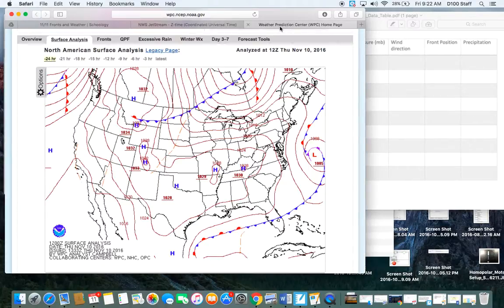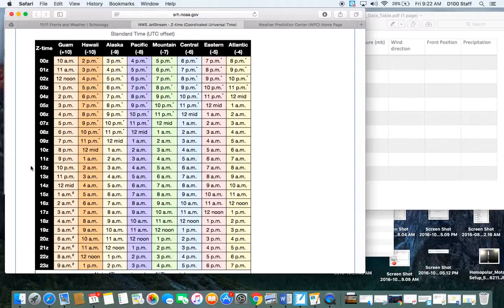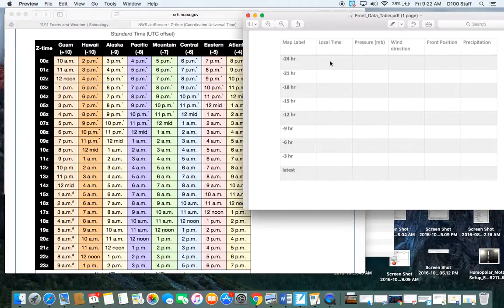So if we start with our 24-hour clock, notice that the time here is 1200 Zulu. So we can either count back by 6 or we can just use this table, which does it for us. So the local time when it's 1200 Zulu is 6 a.m. So we would put that here in local time, 6 a.m.